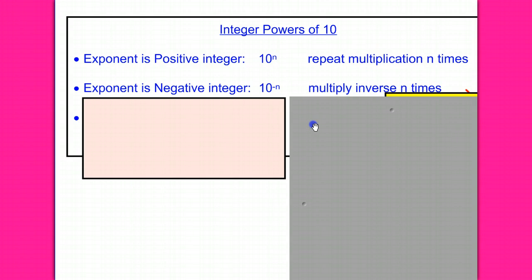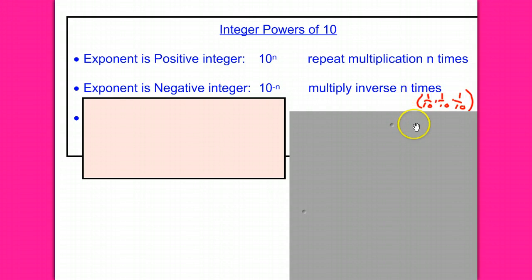Good. Okay, so it multiplies the inverse that many times. So if I have 10 to the negative 3, it really is as though I'm multiplying 1/10 times 1/10 times 1/10. And it moves the decimal to the left rather than to the right.